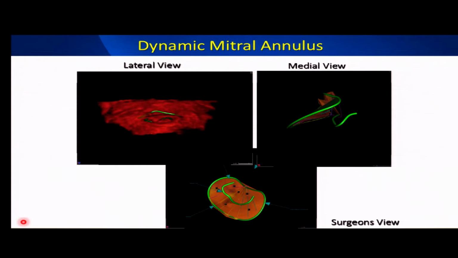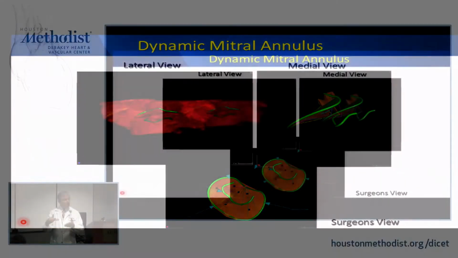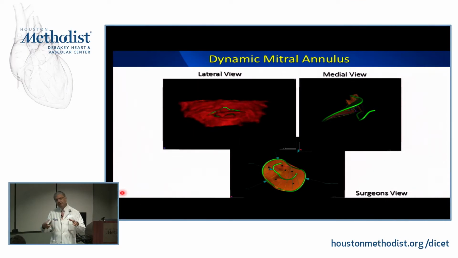To tell you the truth, we know some about it. We don't know everything, but we know that if you have deformation of this shape of the annulus, it becomes much more flat. Stress on the valve becomes much higher. And obviously it becomes larger and larger. You may not have as much coaptation, so mitral regurgitation occurs.